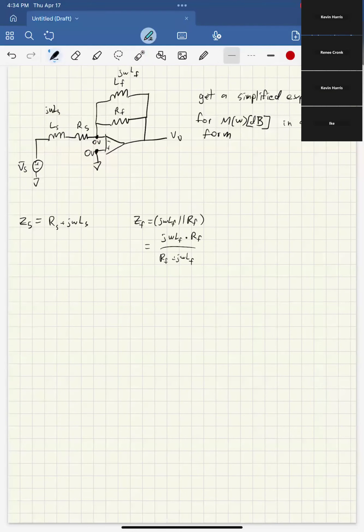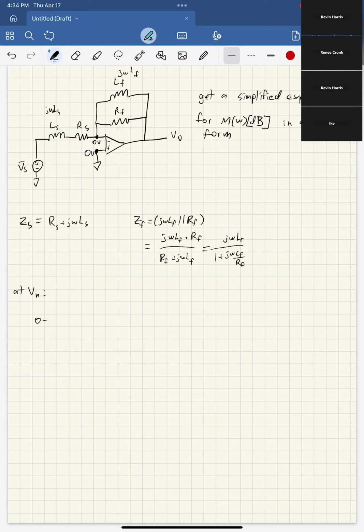If you want to make it look more like standard form, you can make this j omega L_F over 1 plus j omega L_F over R_F. Not exactly sure why you do that immediately, but I'm sure it will become apparent later. Then we do a node equation, the same kind of node you've done before.